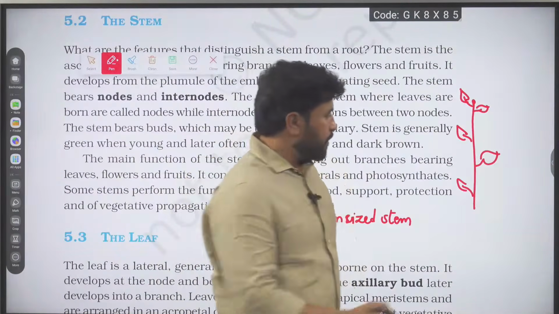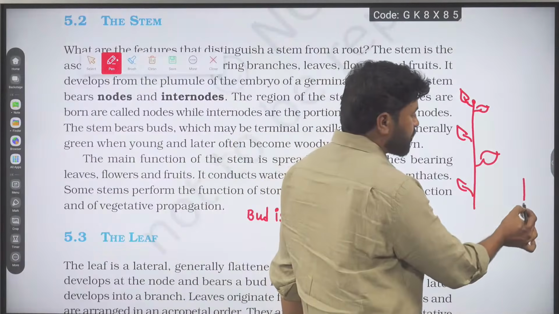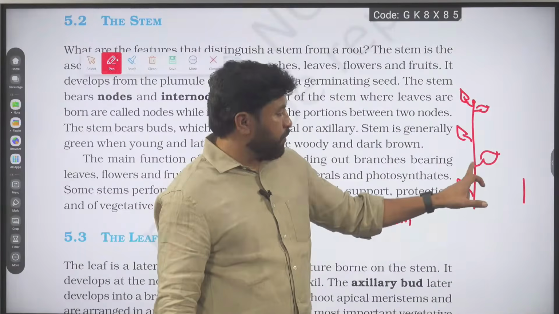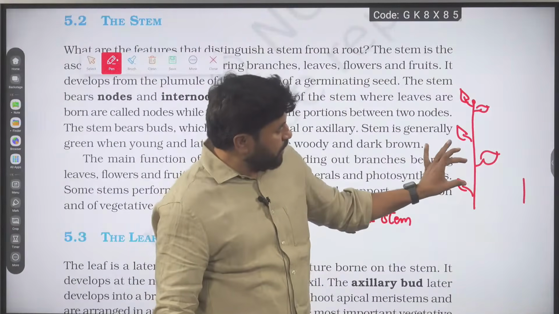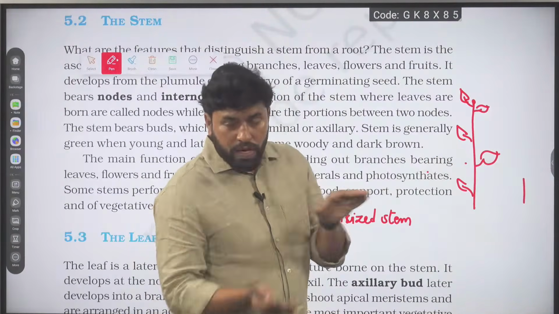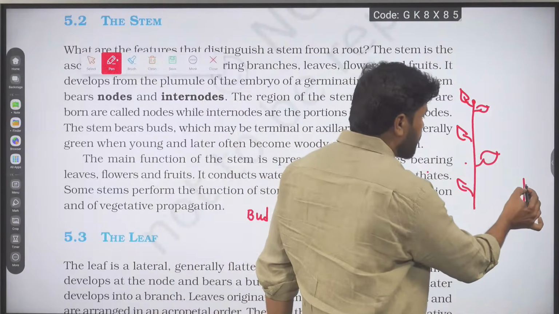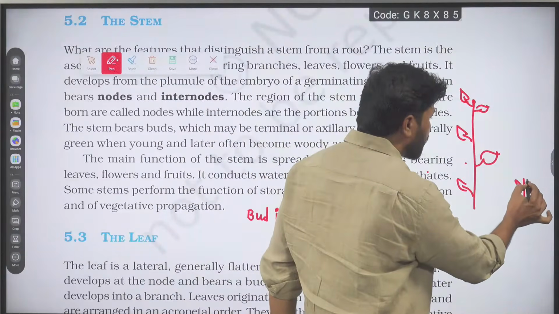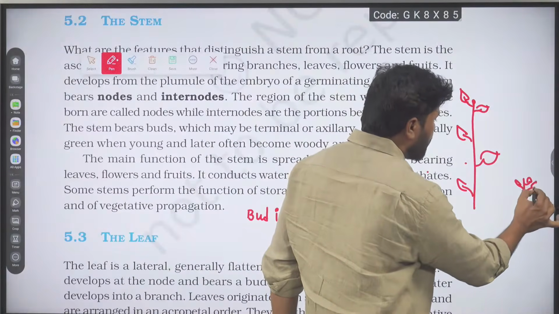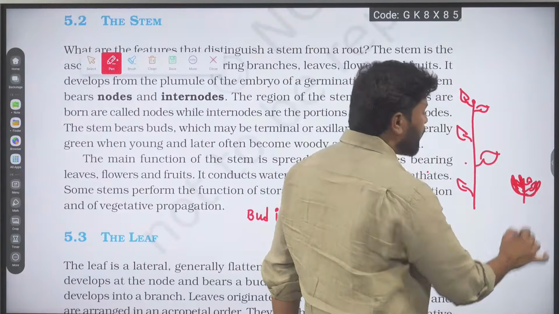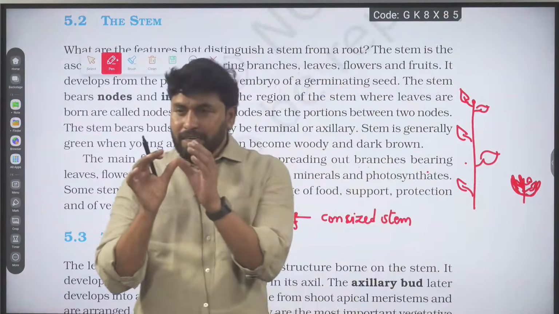At the time, between the two nodes, listen to the statement, there is a lot of gap between two nodes. That means the internodal portion is more. I am concising this internodal area and making these leaves very close to one another. If we keep these leaves very close to one another, it appears like a concised stem.